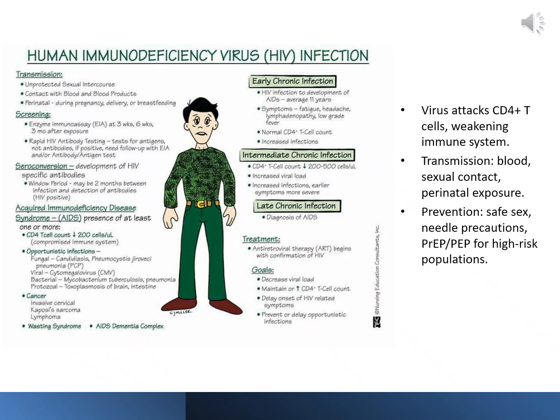This is usually where they have some sort of secondary illness, like pneumonia, TB, or Kaposi sarcoma; they'll find those secondary opportunistic infections. Their CD4 count is less than 200. This is where severe immunosuppression occurs.